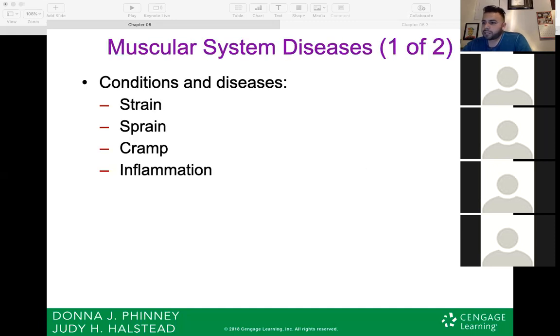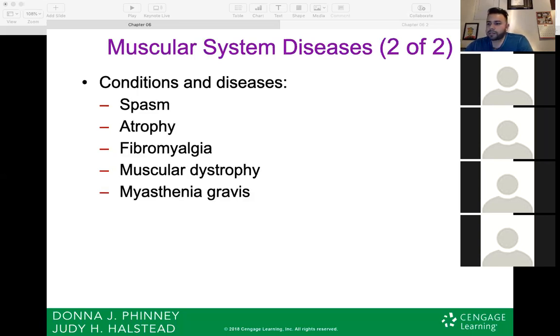Certain conditions and diseases of the muscular system include strains, sprains, cramps, inflammation, and sometimes more serious injuries and diseases. A spasm is a sudden involuntary muscle contraction. Atrophy refers to the deterioration of muscle when it isn't used sufficiently.